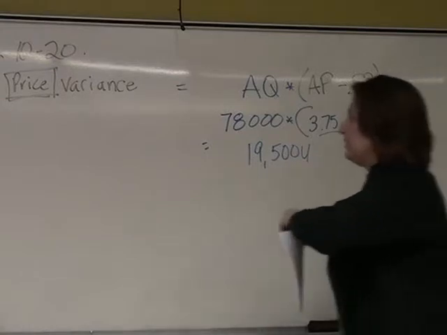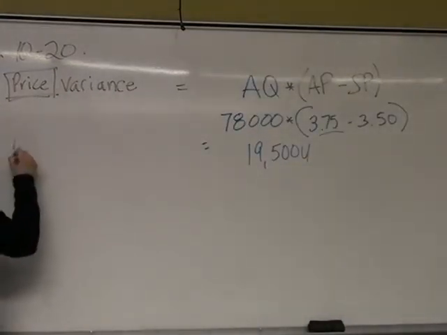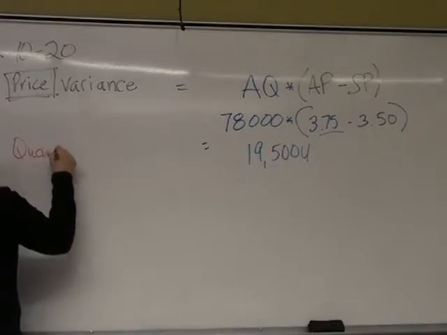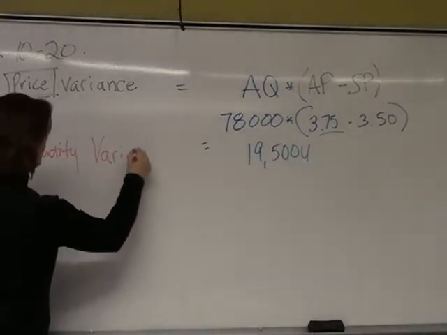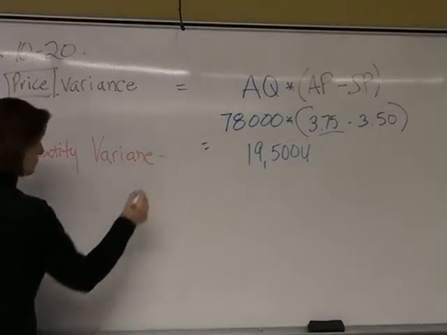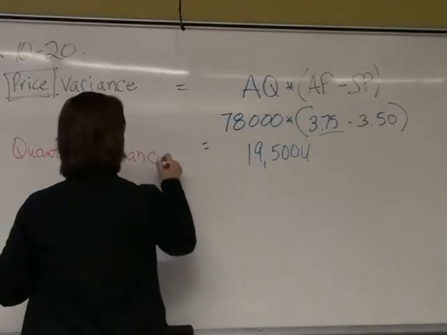Now we want to do the direct material quantity variance, which means we want to isolate how much over or under we used. We're interested in figuring out if we used too much or too little.